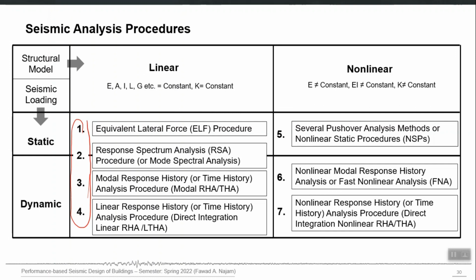So say the design force of a particular column against a particular earthquake calculated by any of these first 4 methods is, let's say, 800 kilonewton, you will be designing that column at just 100 kilonewton.